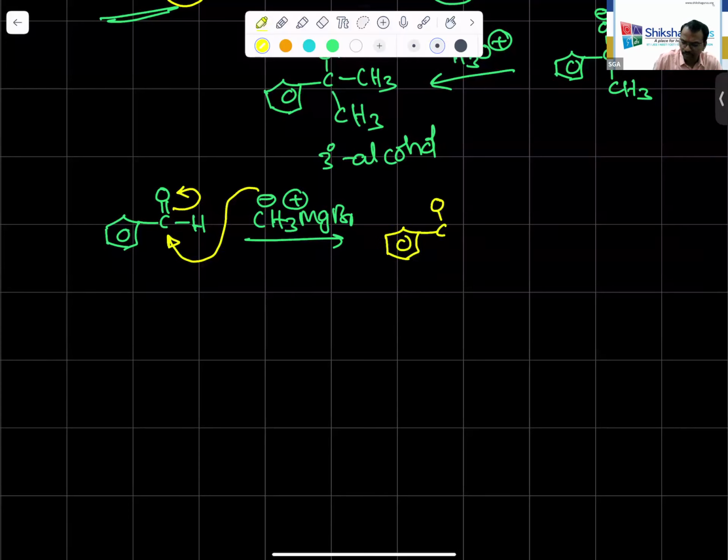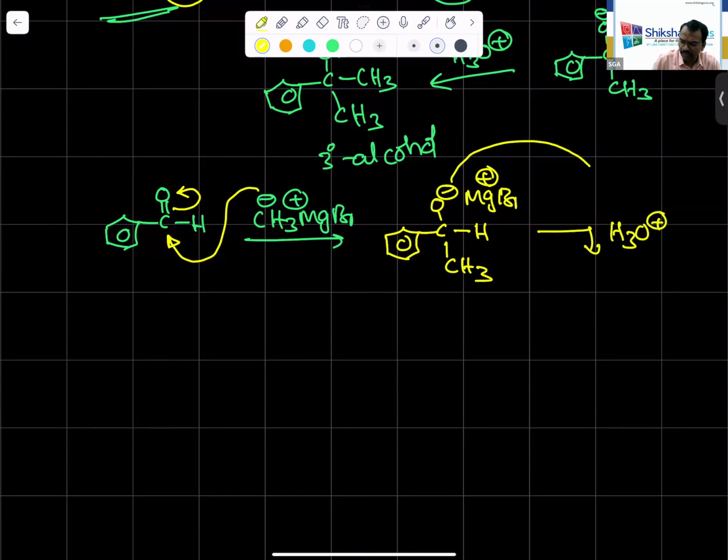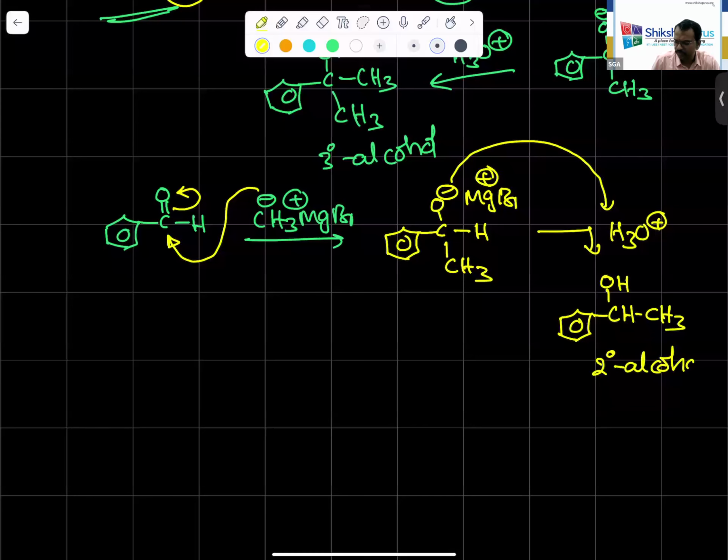It will convert into O minus MgBr plus. After that, it is subjected to acidification. O minus takes H plus and converts into OH. We are getting a secondary alcohol only, because OH is connected to a secondary carbon. We are not getting any tertiary alcohol.